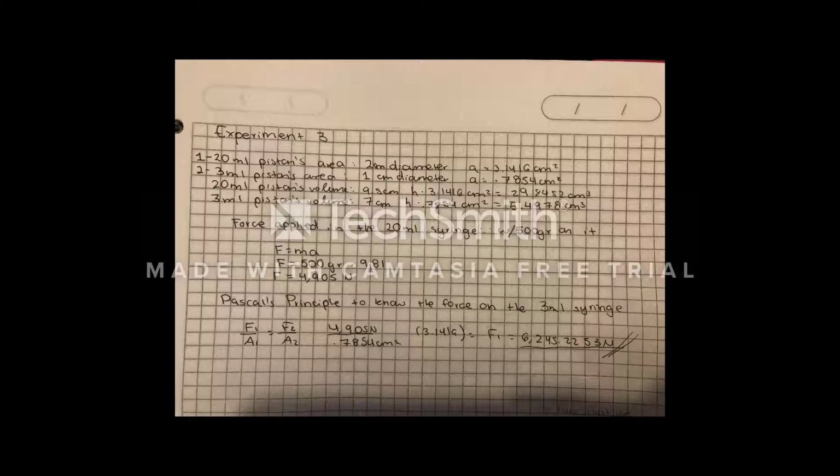Force 2 was 4,905 newtons and the area 2 was 0.7854 centimeters squared. All of this times 3.1416 centimeters squared, that was area 1, to get force 1, that was 6,245.223 newtons.